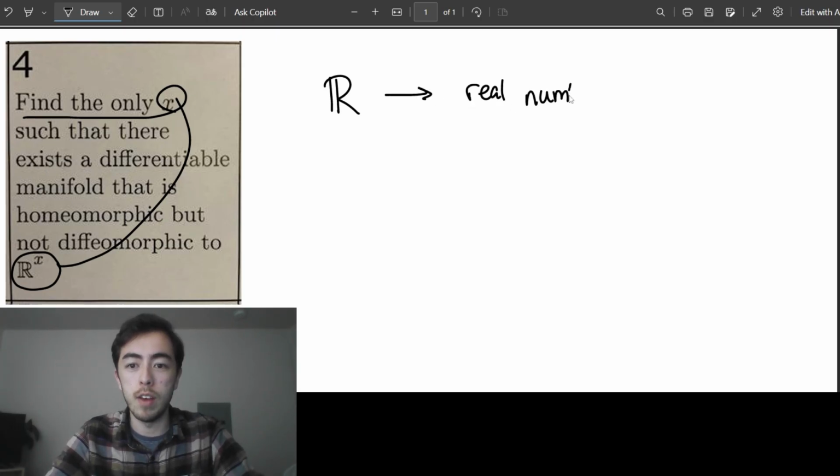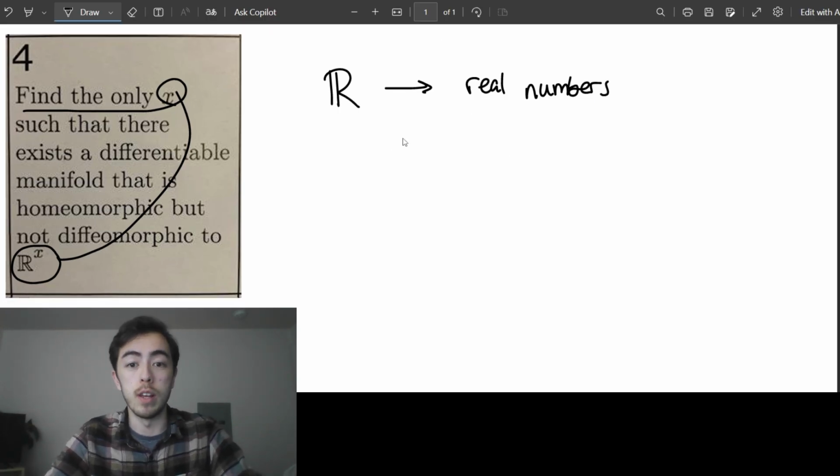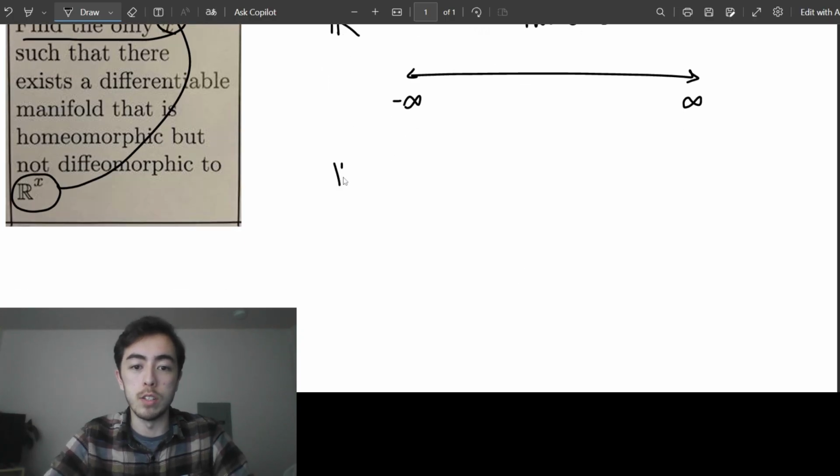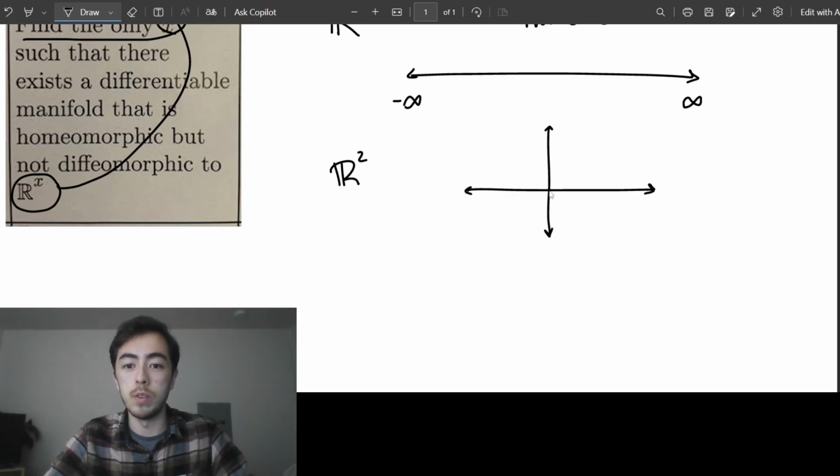And so if x is 1, we're talking about the real number line, essentially just a one-dimensional line that goes to both of the infinities in either direction. Once we stick a 2 on it, this is just the real numbers but going in 2 dimensions. And so now this is talking about basically the entire real plane.